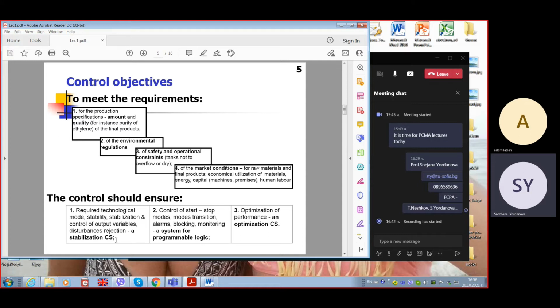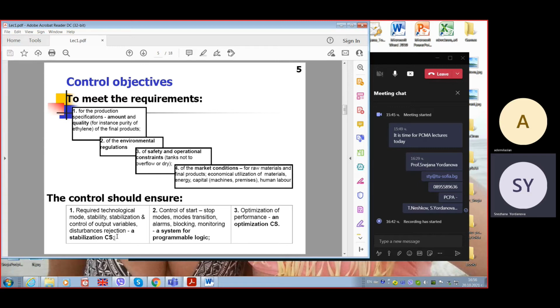So we have to observe this program of change of temperature in order not to overburn the bread or underburn inside the core of the bread. Stabilization means at a given stage we have to maintain desired temperature for a certain period of time, and this is a stabilization system.